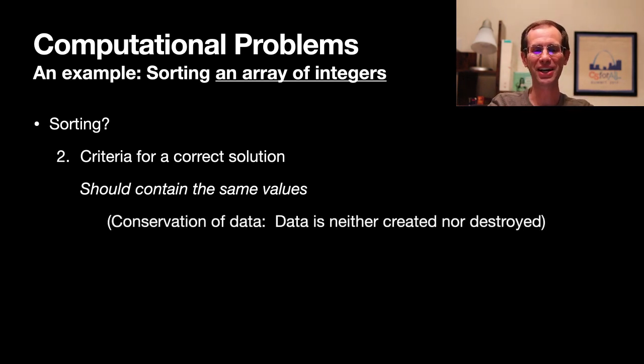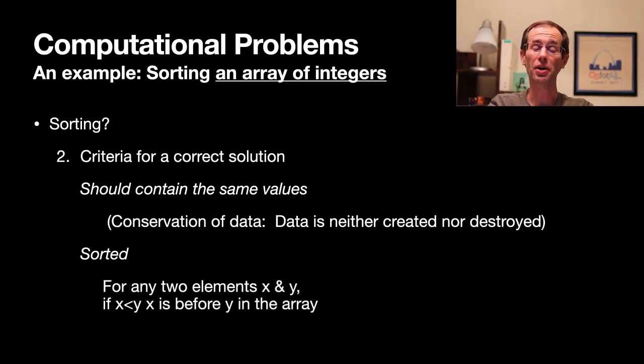We don't want to create or destroy data in our output data. And of course, the data should be sorted. But we can fall back to our definition of a total order for our definition of sorted. Basically, for any two elements, x and y, if x comes before y, we would expect x to come before y in our final array.